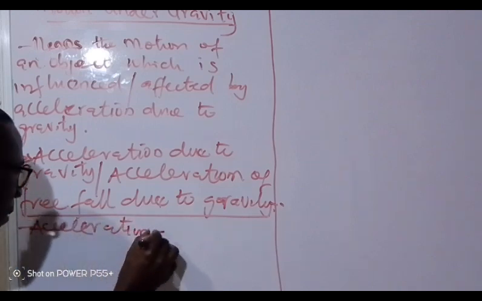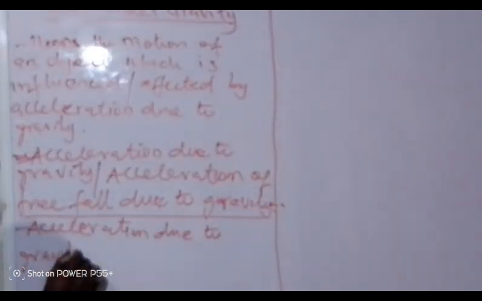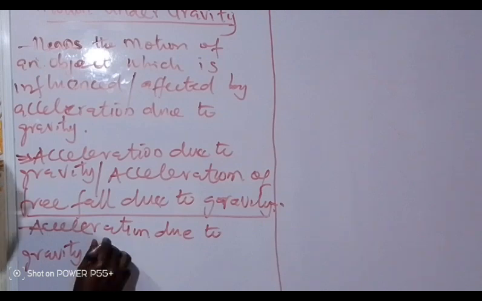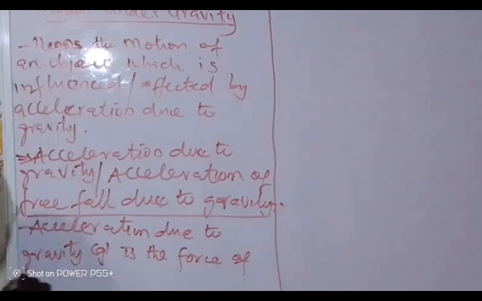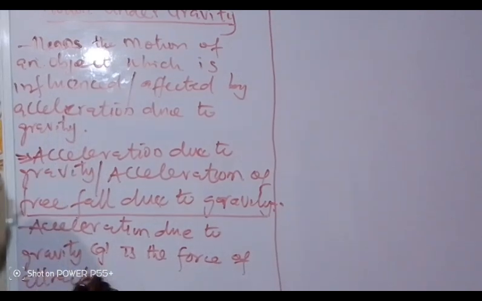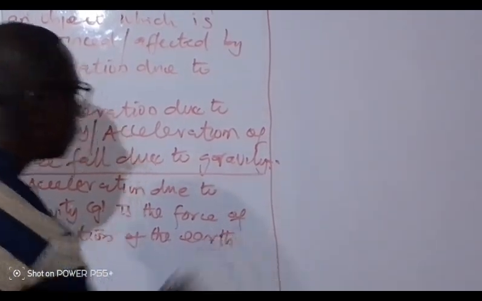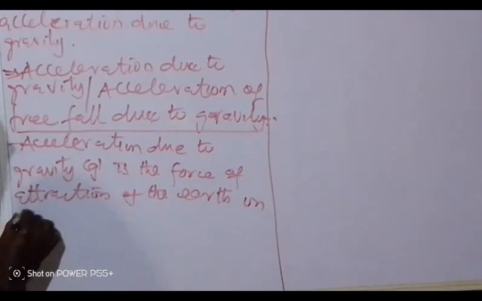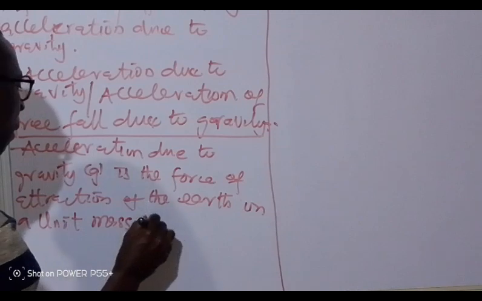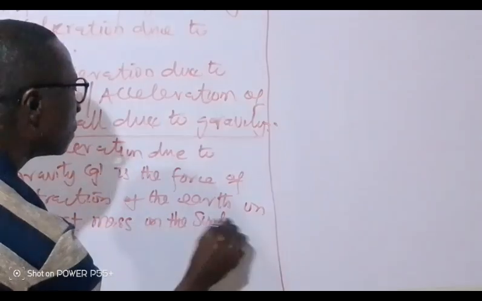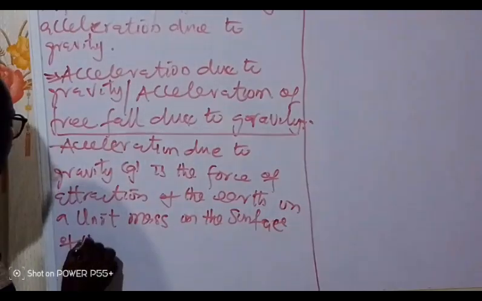That is, acceleration due to gravity, don't forget the symbol is g, is the force of attraction of the Earth on a unit mass on the surface of the Earth.